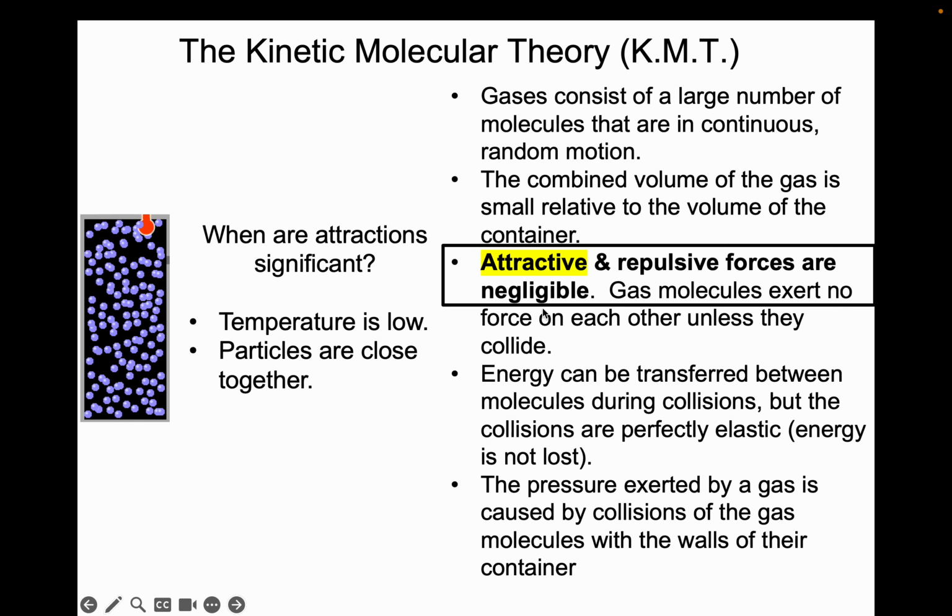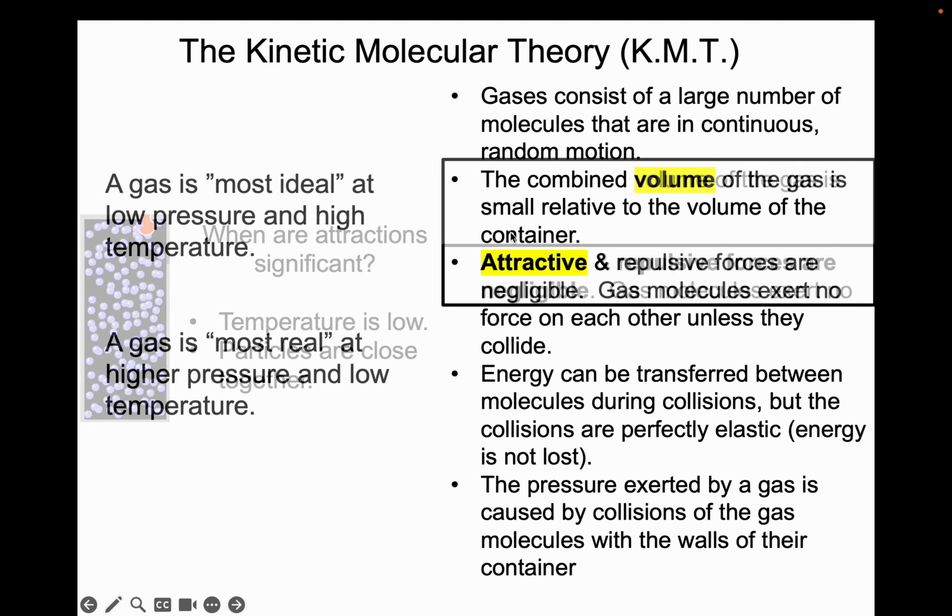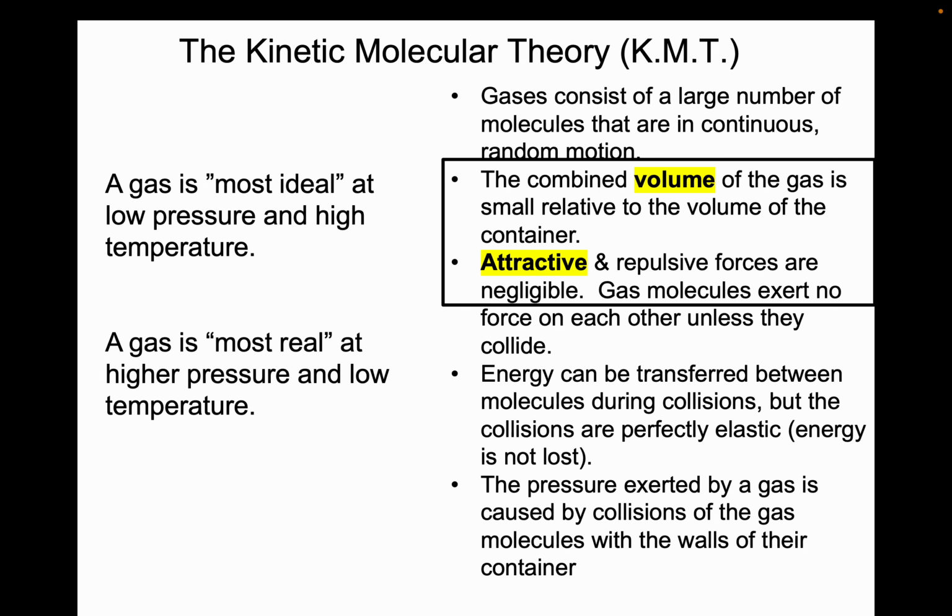Now, this idea that attractive and repulsive forces are negligible. When might attractions be significant? Well, if the temperature of the gas is quite low, or if the particles are quite close together, under these conditions, the attractive forces could begin to emerge. So this leads us to an important conclusion. When would a gas behave most ideally?